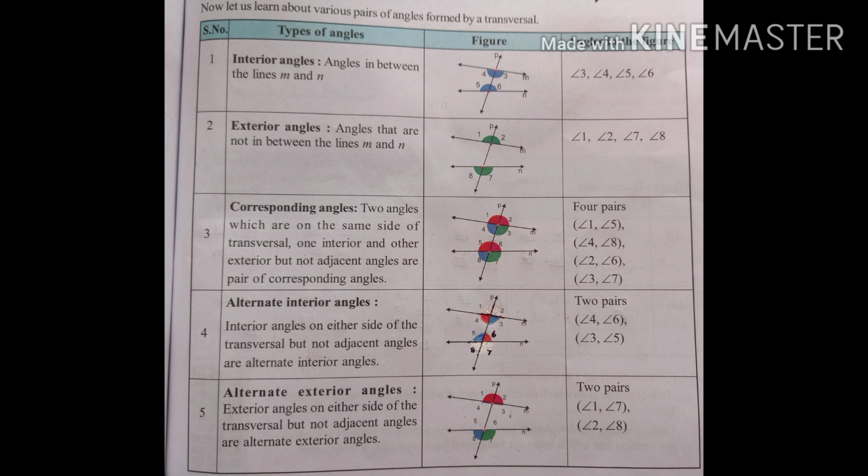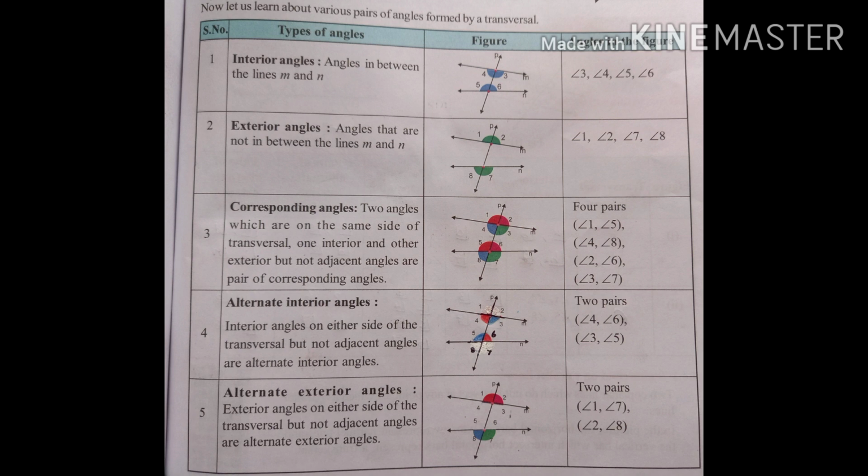Next, fifth one, alternate exterior angles. Exterior angles on either side of the transversal but not adjacent angles are called alternate exterior angles. These are also two pairs, angle 1 and angle 7. Angle 1 and angle 7 are exterior angles on either side of the transversal.